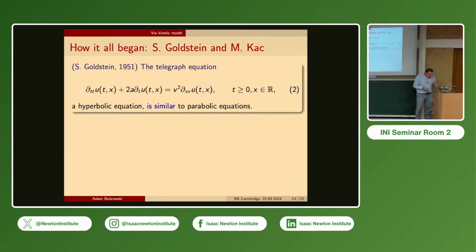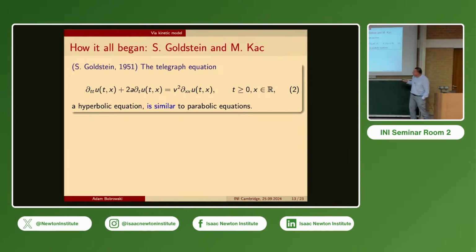Okay, so this is the third part of my talk, or the second approximation. It's a very nice story. It started even back in the 1950s. There was a mathematician called Samuel Goldstein, and he noticed that the telegraph equation has interesting properties. It is a hyperbolic equation, yes, but its solutions have properties of parabolic equations.